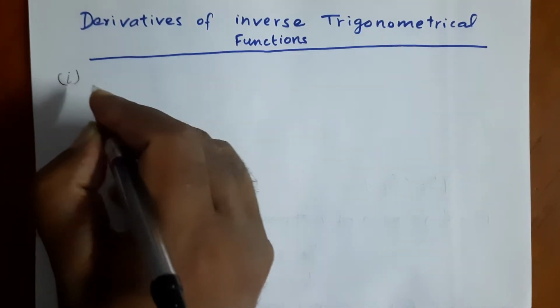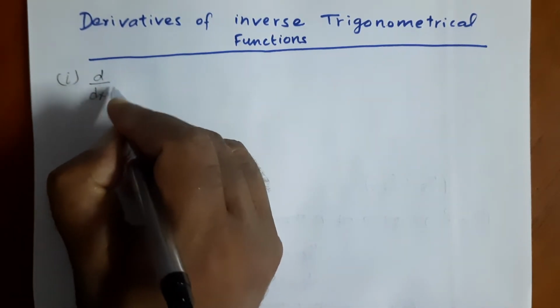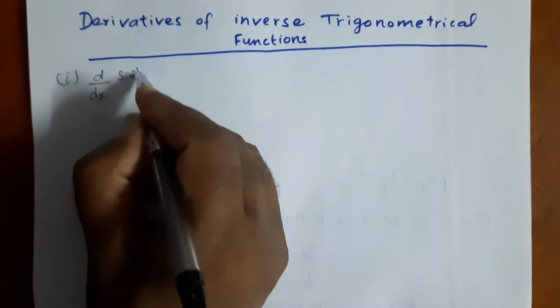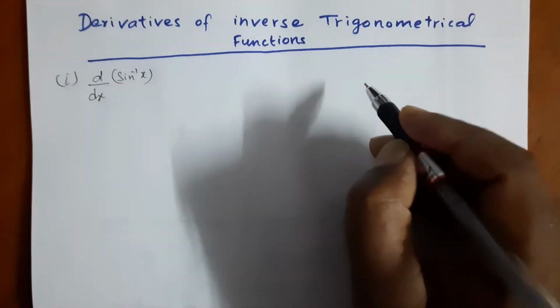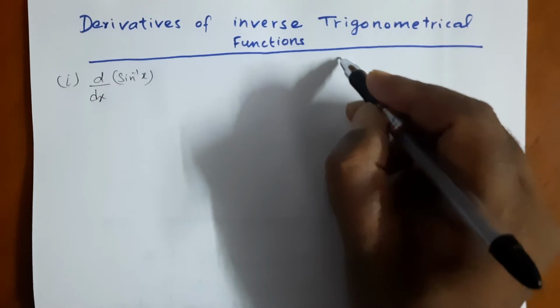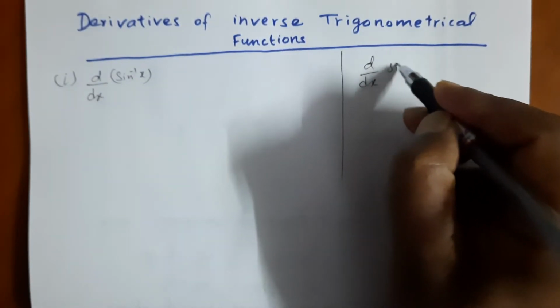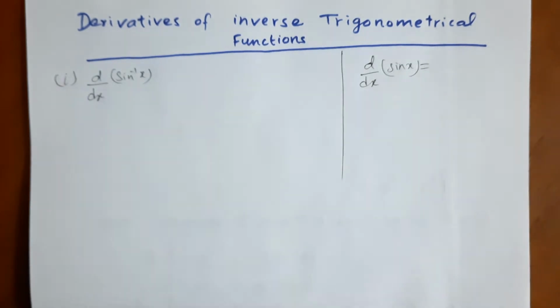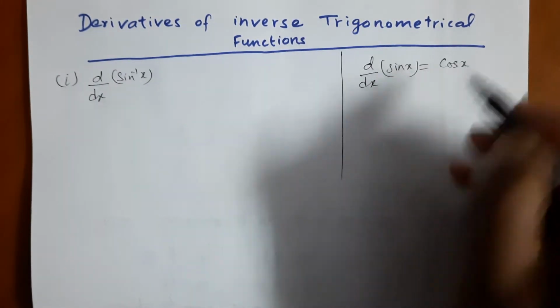First of all, look here. Let us write the derivative of sine inverse x. We have to find the derivative of sine inverse x, and to find it, we will take help of the derivative of sine x. The derivative of sine x, you know, is cos x.